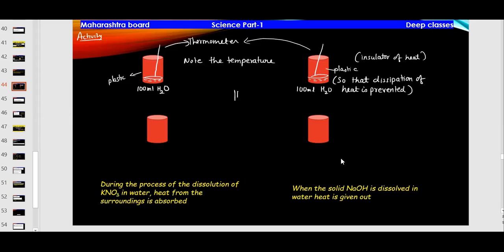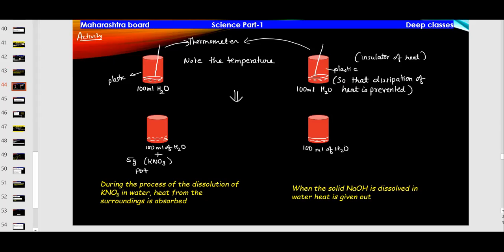Later on, in the same beaker, let me put 100 ml of water. In the first beaker, I'm going to add 5 gram of KNO3. Now g is not gaseous here, it's 5 grams. What is KNO3?